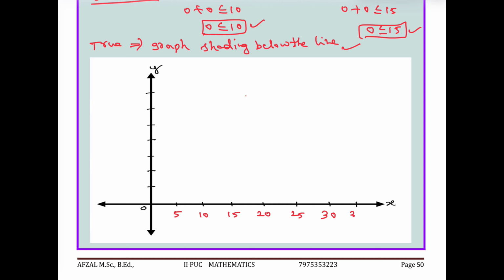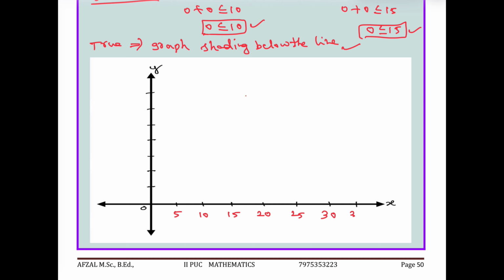A vector plus B vector plus C vector whole square equals 0 vector whole square. That is magnitude A square plus magnitude B square plus magnitude C square plus 2A dot B plus 2B dot C plus 2C dot A equals 0.